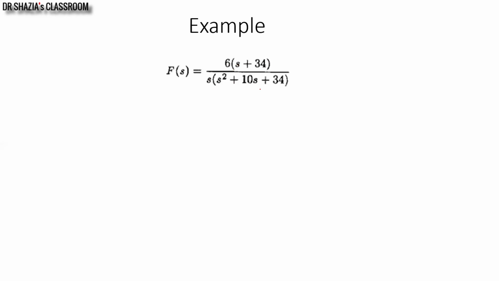You can see that if I apply partial fraction expansion, I am going to decompose this as s plus 34 over s into s plus 5 minus j3 into s plus 5 plus j3.